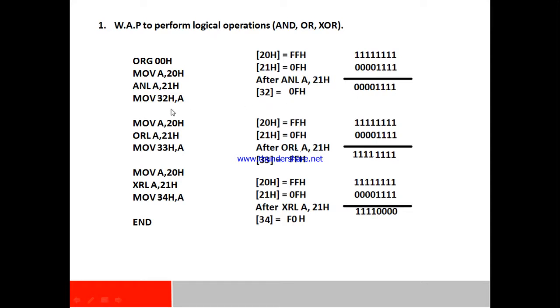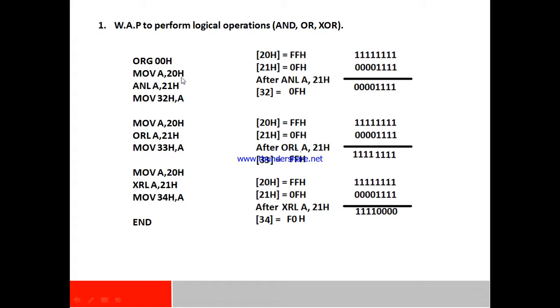That result must be moved to the respective locations like 32, 33, 34. So the data is available in the 20 and 21 consecutive locations, and the result should be stored in the 32 location, or the 33 location. The 34 location must hold the XOR result.